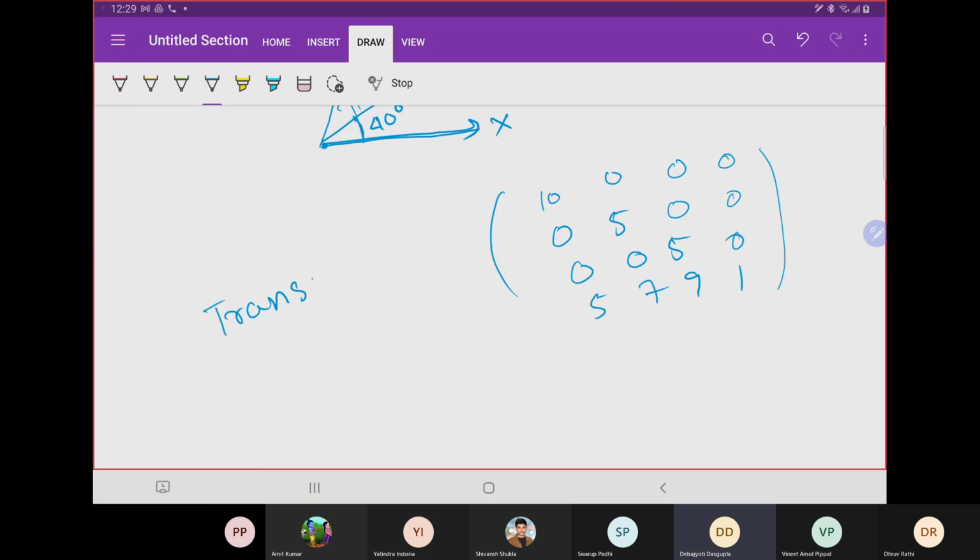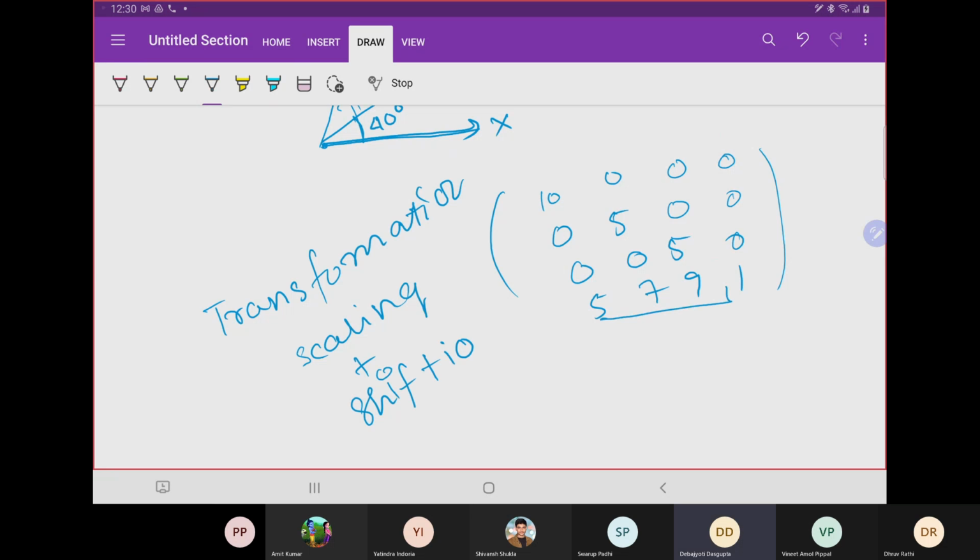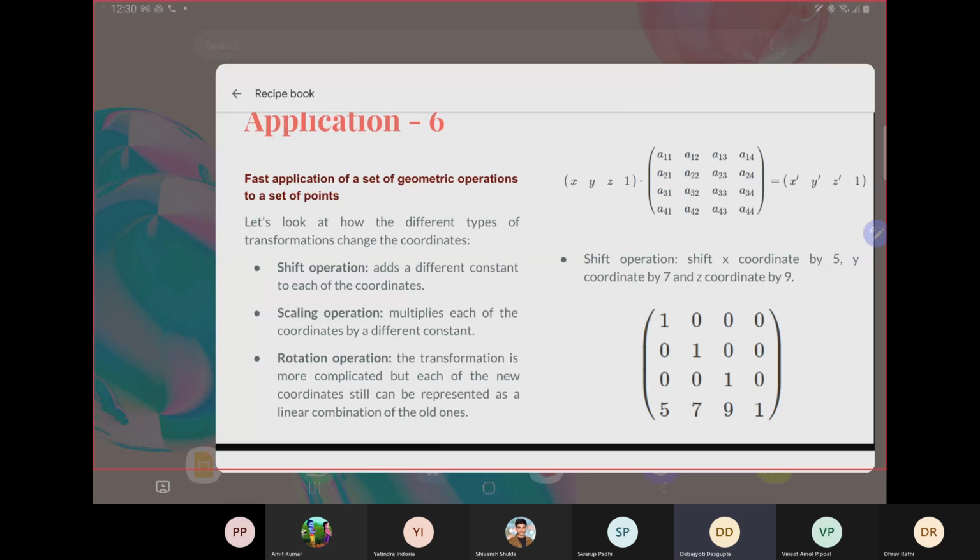What transformation are we applying? We are scaling plus shifting. This part is for shifting, and the main diagonal is for scaling.